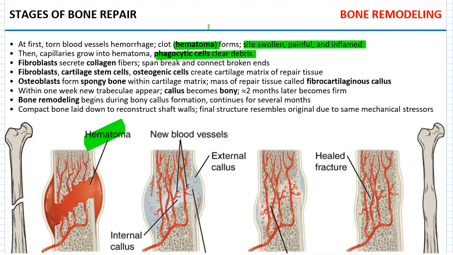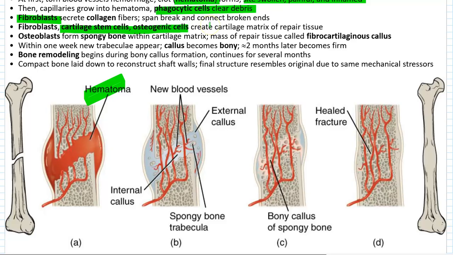And various cells from connective tissue, from the periosteum, for example, fibroblasts, and cells from cartilage, and osteogenic cells, they all create the cartilaginous matrix. It's called the internal callus, and another name for it is the fibrocartilaginous callus. The name means that this callus that I highlighted on image B consists of cartilage and connective tissue.